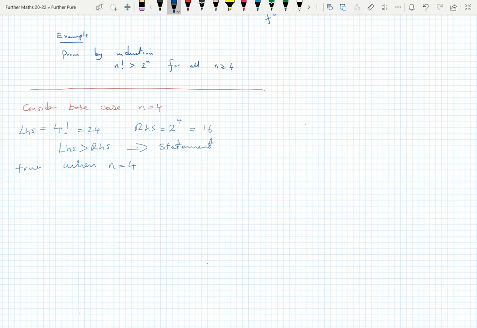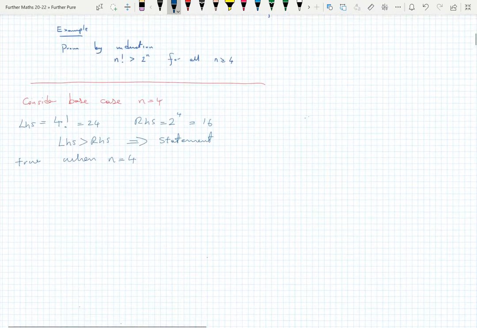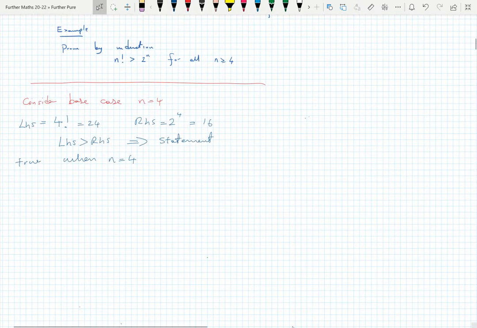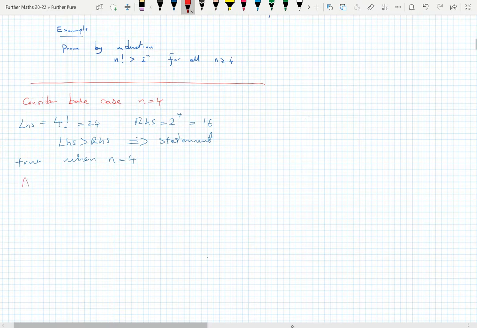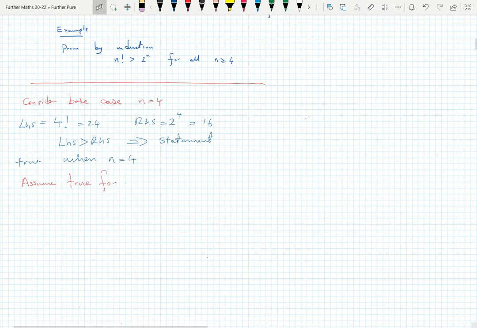Okay, now we're going to go to the point where we assume it's true for n equals k. So we're assuming it's true for n equals k, say. We need a different symbol to n because we want to prove the iterative bit.